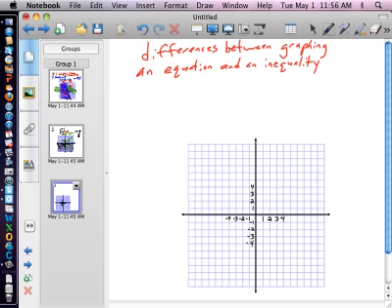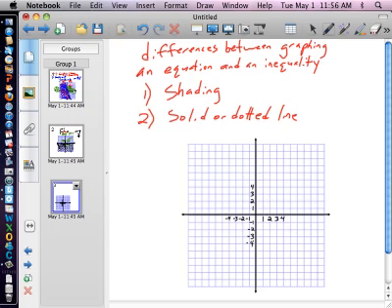Alright, there's a couple of differences. So the first thing is shading. Equations don't have shading, inequalities do. And the other thing is a solid or dotted line. Equation lines are always solid.